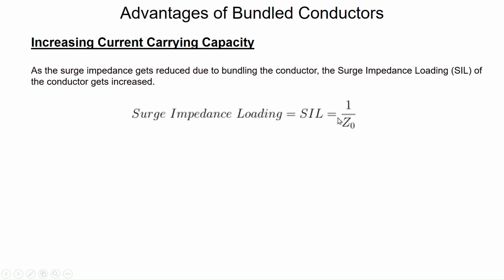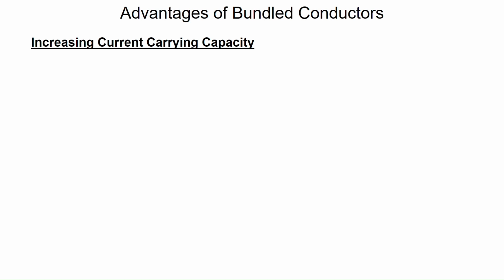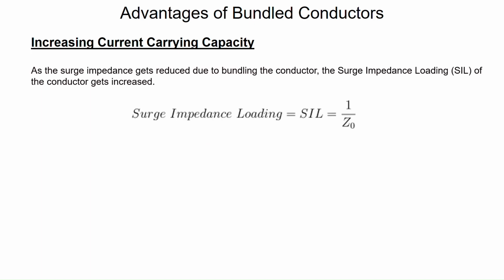Surge impedance loading is equal to 1 by Z0, where Z0 is the surge impedance, as in the previous slide. With the decrease of the surge impedance, the loading gets increased. Surge impedance loading getting increased means that power carrying capacity or current carrying capacity of the line conductor gets increased.